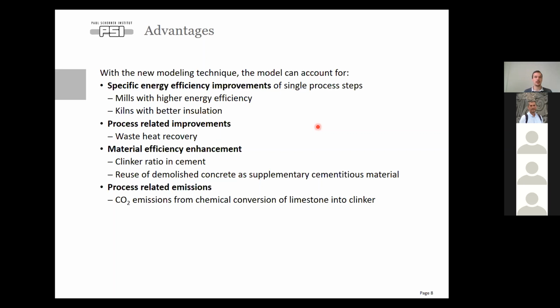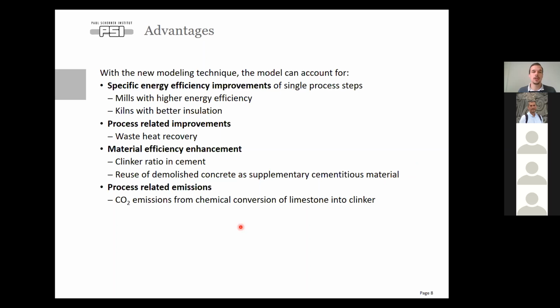Those materials are often waste products from other industries, and they can replace the clinker in cement without decreasing the properties of the cement too much. This gives an advantage because clinker is by far the most energy-intensive product here, so we can decrease the energy intensity of the cement.